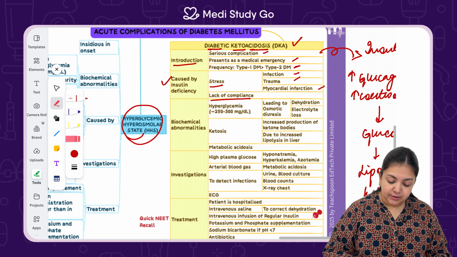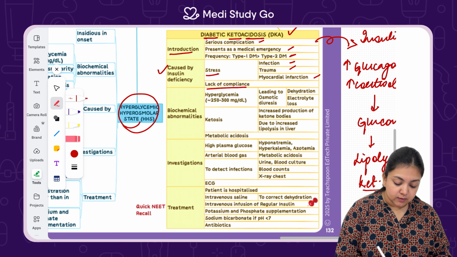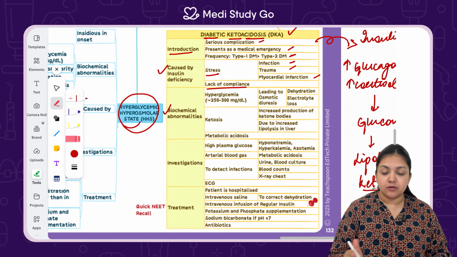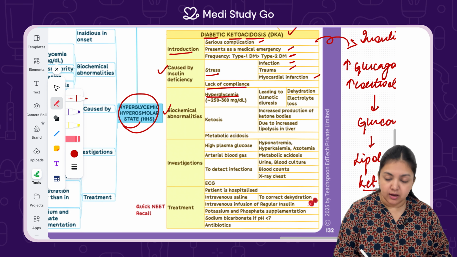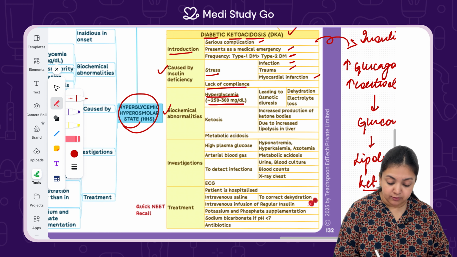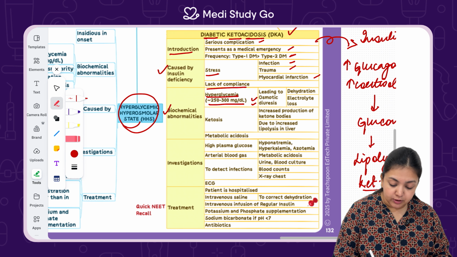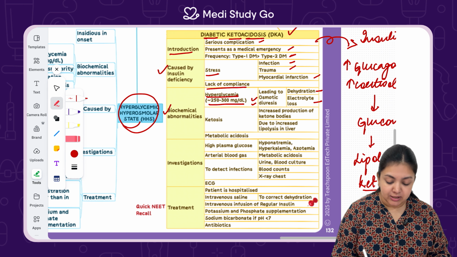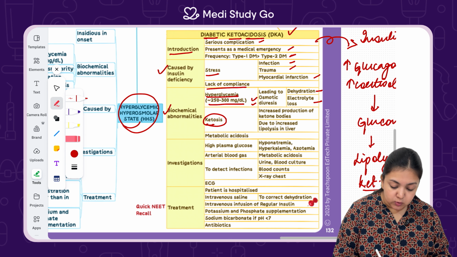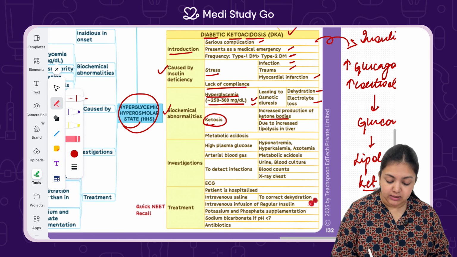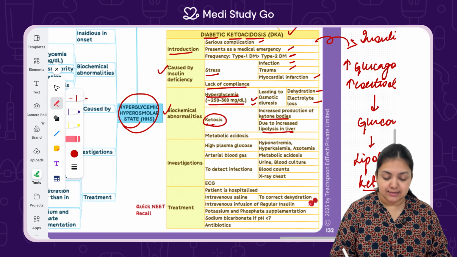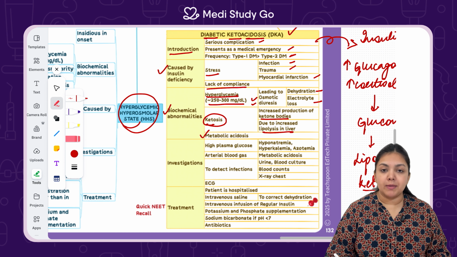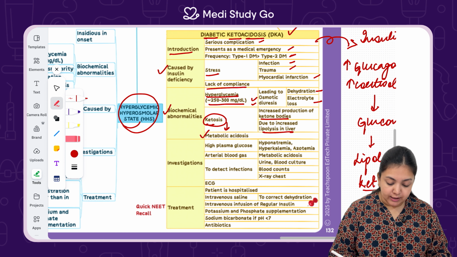So this is how diabetic ketoacidosis manifests. The biochemical abnormalities in relation to these will be hyperglycemia, which can be around 250 to 300 milligram. It leads to osmotic diuresis, which leads to dehydration and electrolyte loss. Ketosis will be present because of production of ketone bodies and increased lipolysis in the liver, as I told. Lastly, there is going to be metabolic acidosis because of ketone bodies.